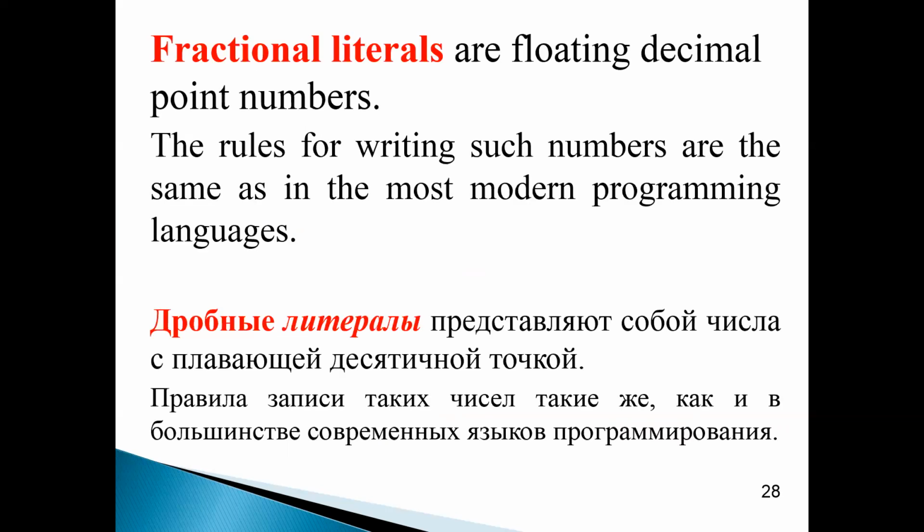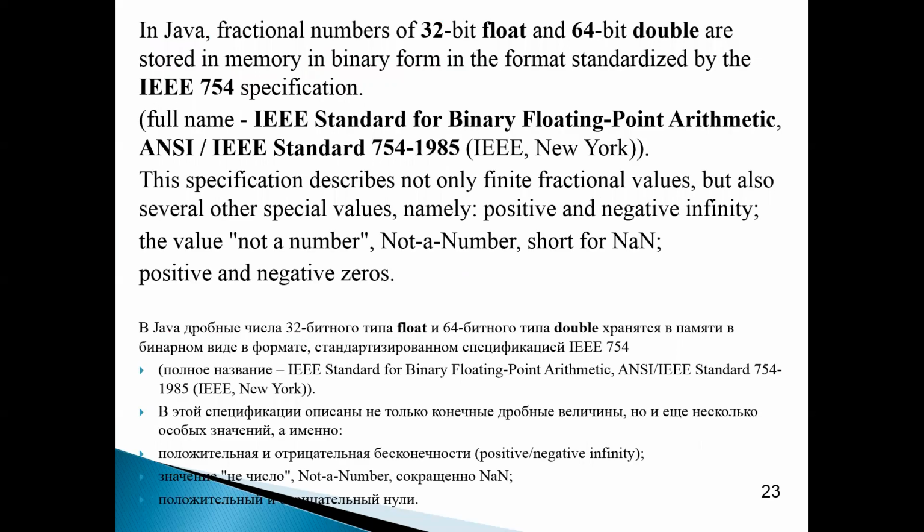Next slide, guys. Fractional literals. Fractional literals are floating decimal point numbers. The rules for writing such numbers are the same as in most modern programming languages. In Java, fractional numbers of 32-bit float and 64-bit double are stored in memory in binary form in the format standardized by the IEEE 754 specification.